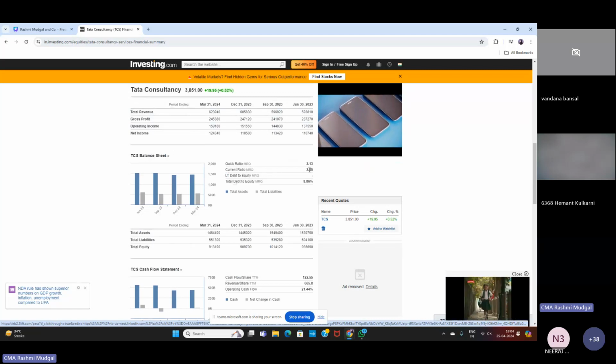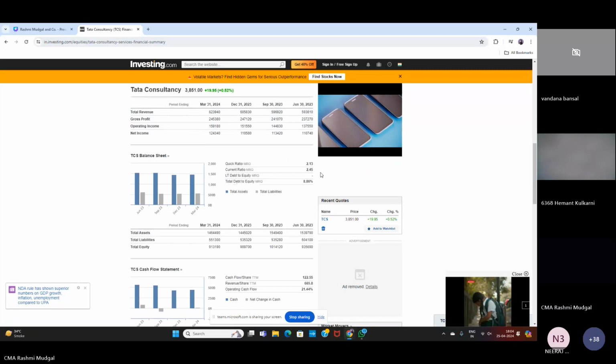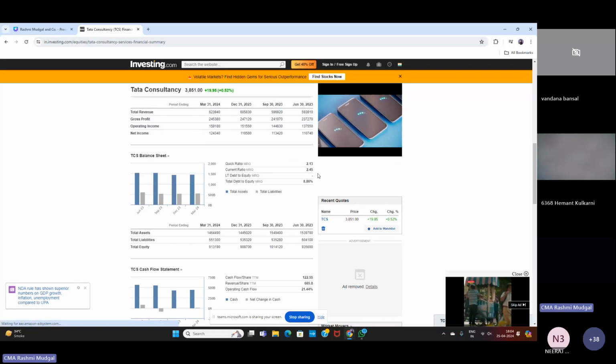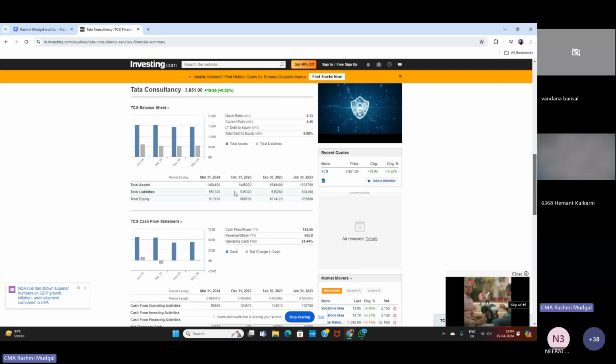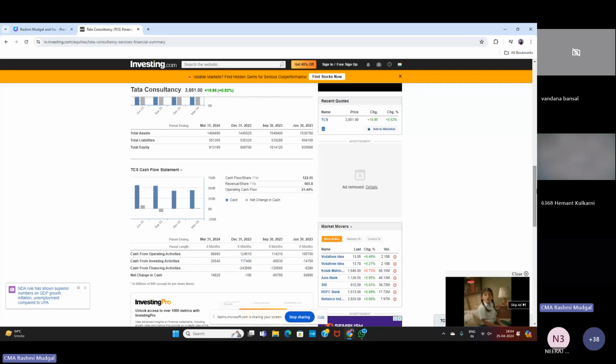We can see they are doing ideally great. They have better assets than liabilities, so they are doing better in finances. The total debt equity ratio is also good. Total assets we can see have increased in the quarter, and total liabilities also show an increase.